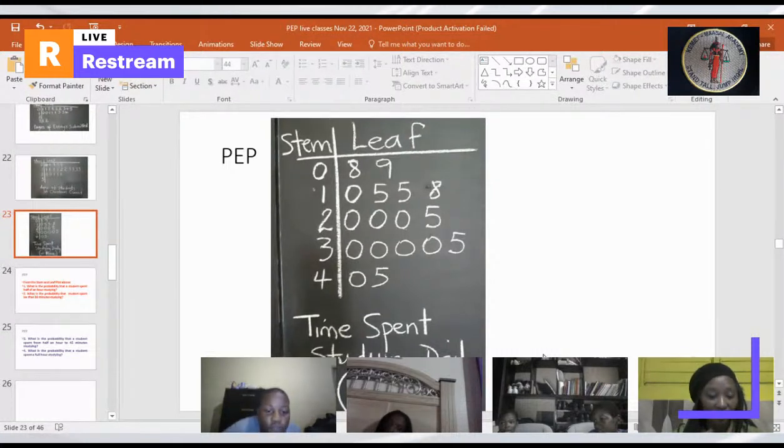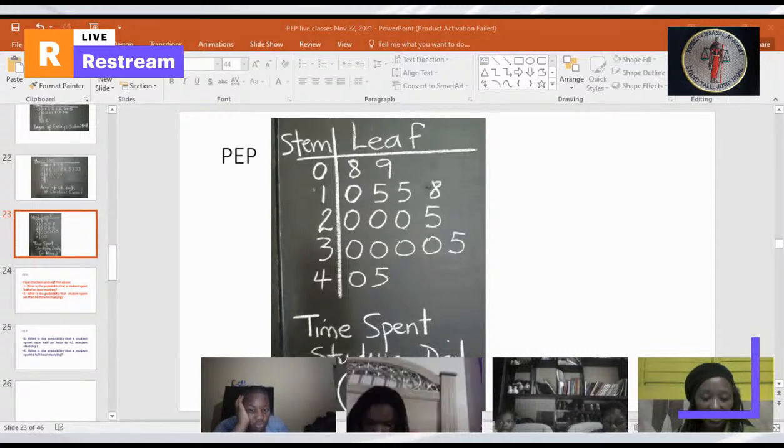Remember, we said the frequency of the 30 was 4. So 4 students studied for 30 minutes, and it's 17 students in all. So the probability is 4 over 17. The probability of a student studying for half an hour, 30 minutes, is 4 over 17.